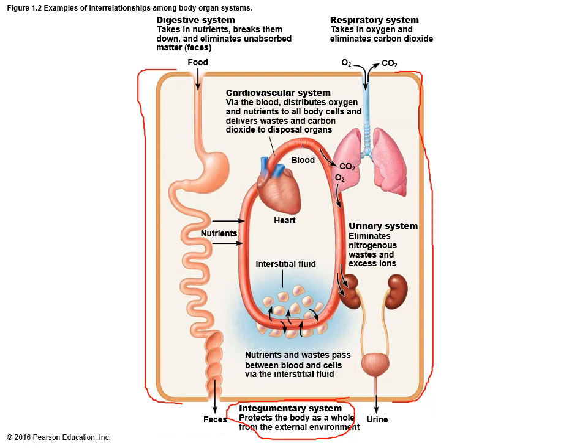And then inside, internally, you could see that through the use of orifices, openings, we then gain access to our tract, our digestive system. Here's our respiratory system. And as they correspond, the nutrients and the gases, oxygen and carbon dioxide, are able to travel within the bloodstream, through which our heart plays the role of pump, propelling the blood throughout the body so that the nutrients can be dispersed, the oxygen can be dropped off, and of course, the carbon dioxide and waste products can be collected.